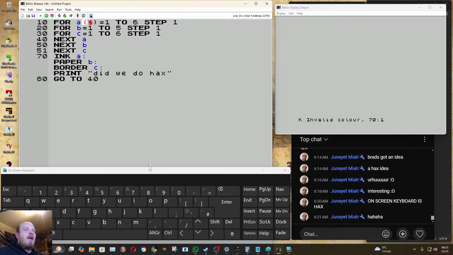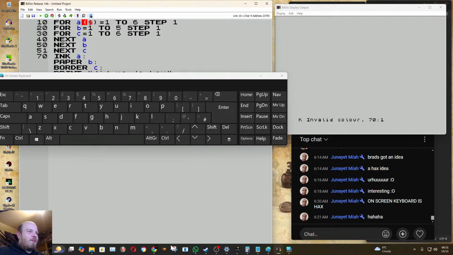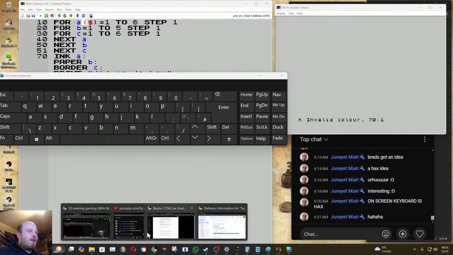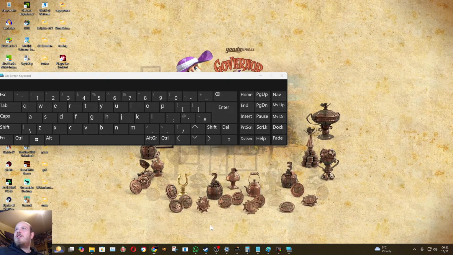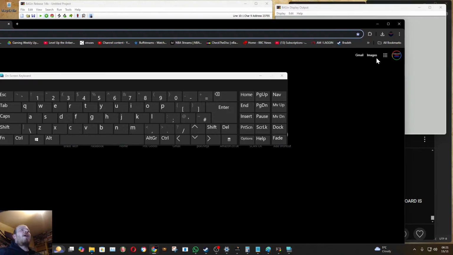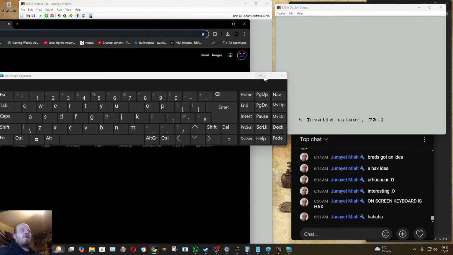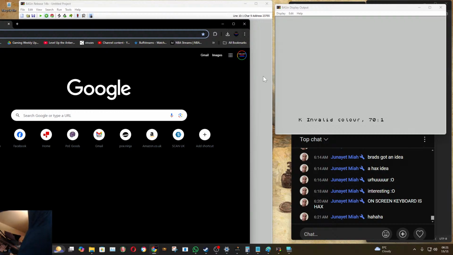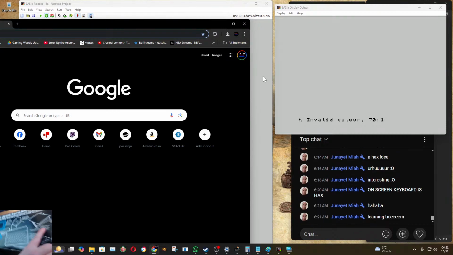Apparently that's not right. Should we read the book, Mia? In the Wayback Machine, right? We'll learn, because there's actually a whole course that you can do, and the book comes with the machine. In fact, you'll love this. Let me just get the box. On the back, it says ZX Spectrum manual, how to do.